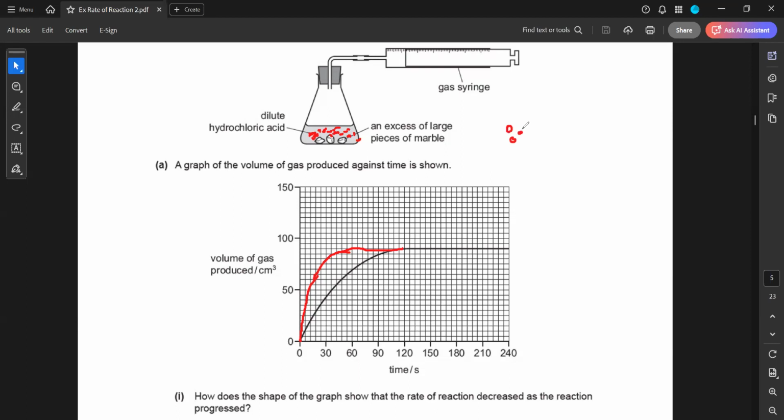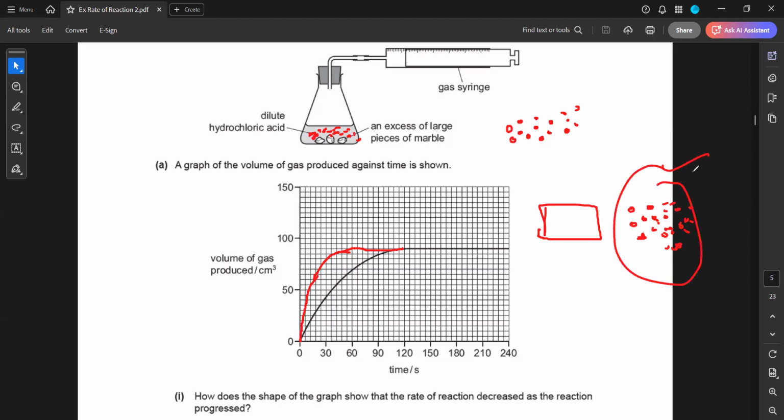If I take this one piece and crush it into small pieces, it will have a large surface area. So the small particle size will have the large surface area, and it will react at a higher rate, much faster.